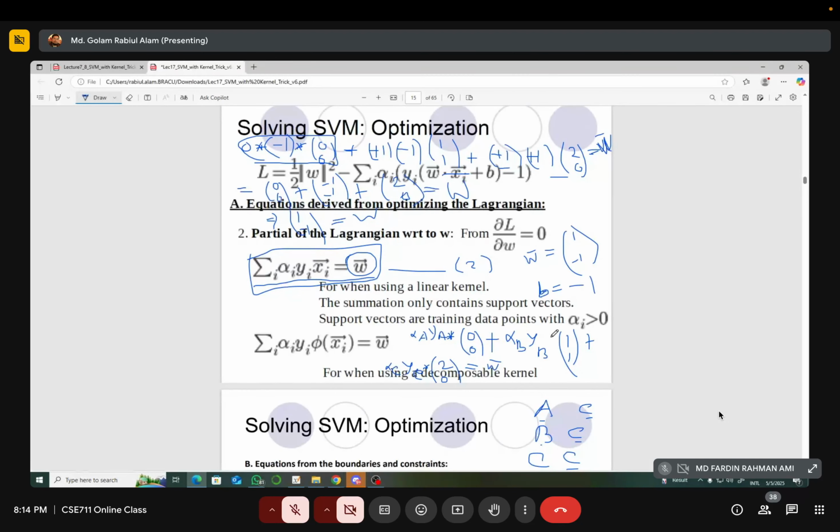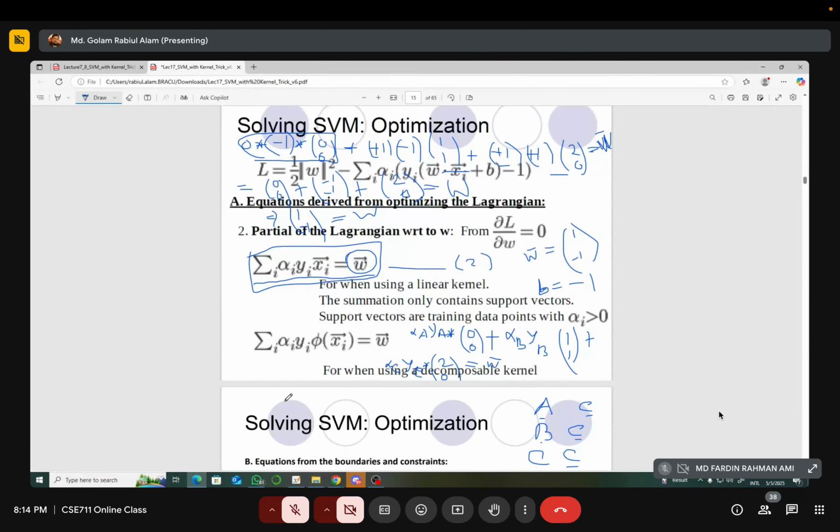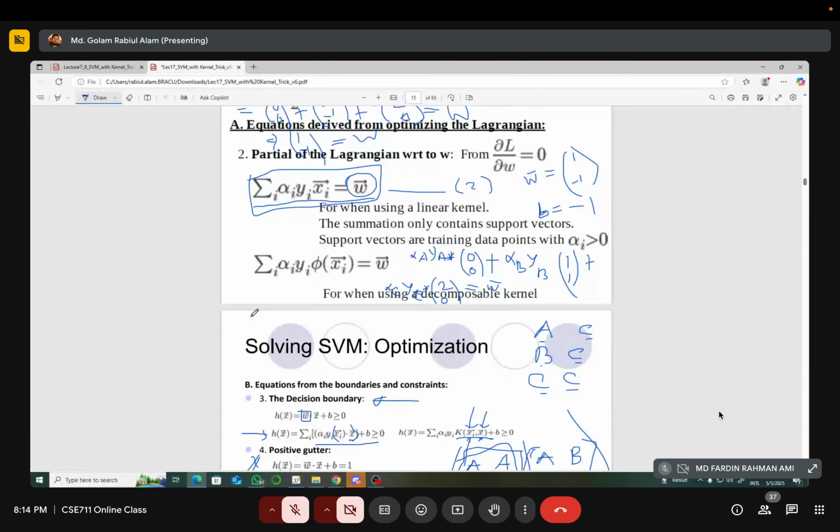Now we want to find out our hyperplane equation. If we can remember, the hyperplane equation is w transpose x plus b equals 0.